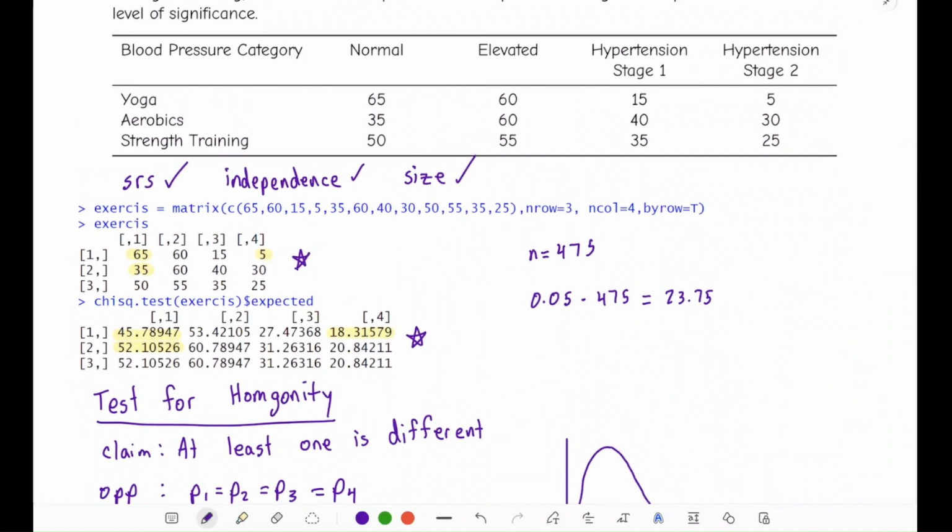So it does look like yoga and aerobics tend to have a higher proportion, or no, yoga has a higher proportion of normal blood pressure and a lower proportion of hypertension stage 2. And aerobics seems to have a higher proportion of normal.